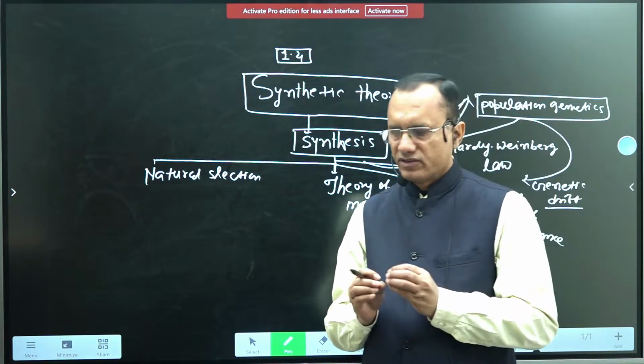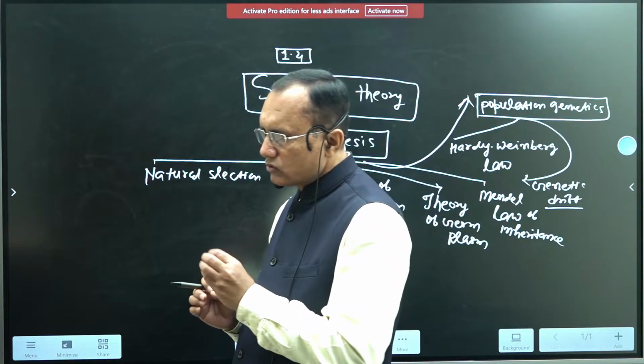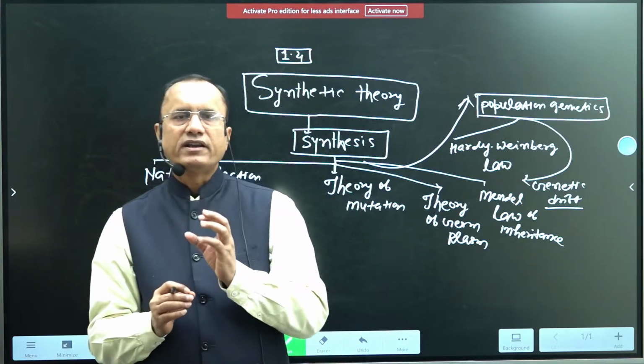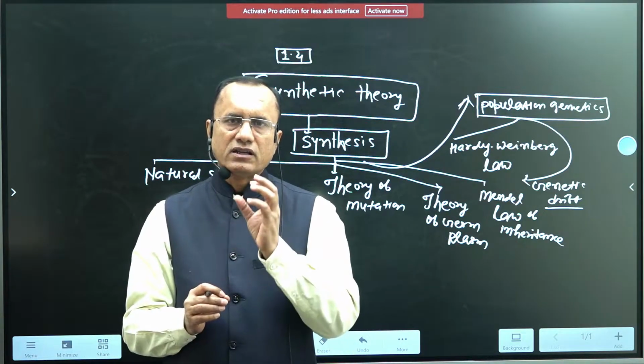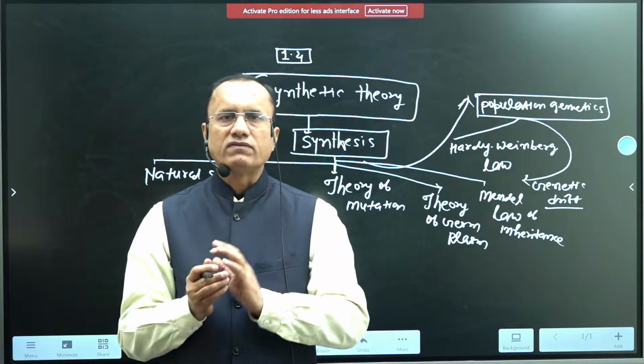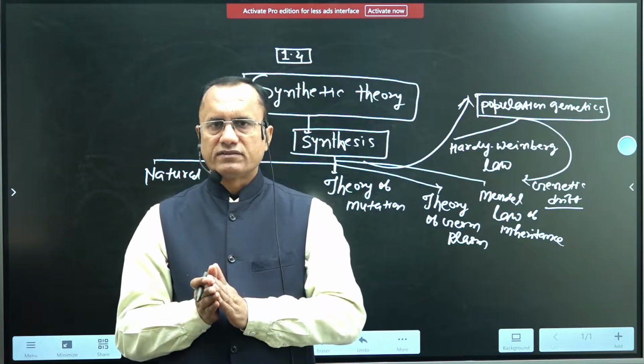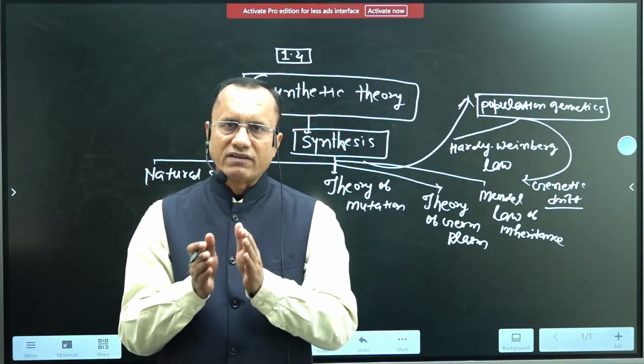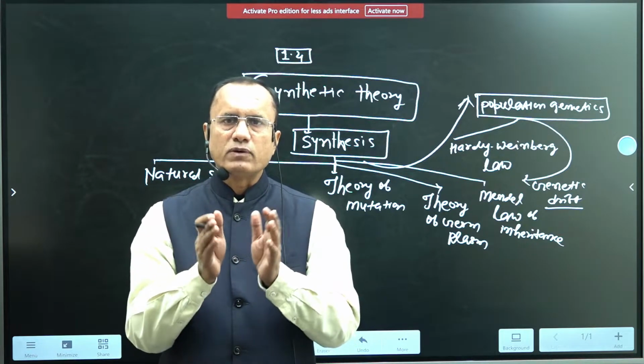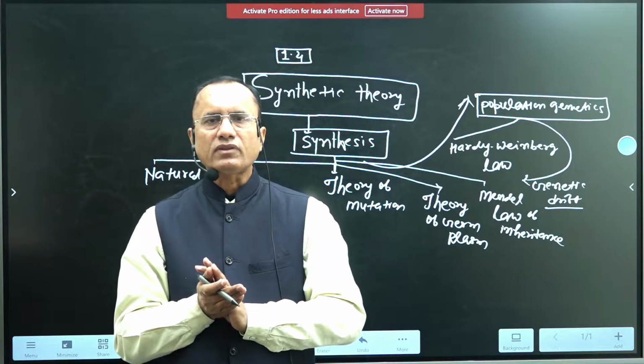This is the synthesis. So whenever you try to define synthetic theory, it is the synthesis of Darwin's theory of natural selection, theory related to neo-Darwinism, and theory related to population genetics.